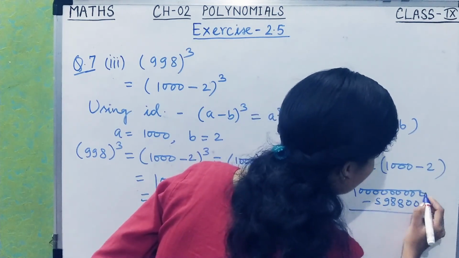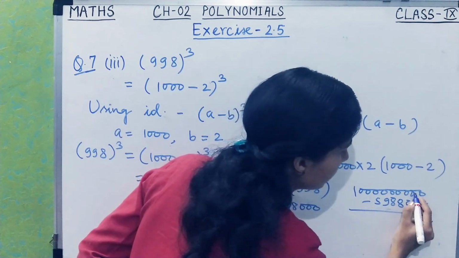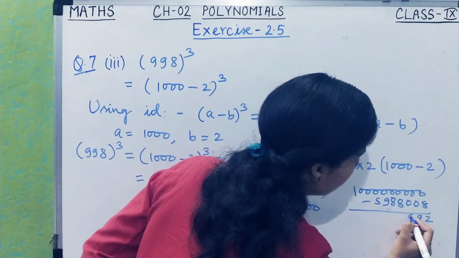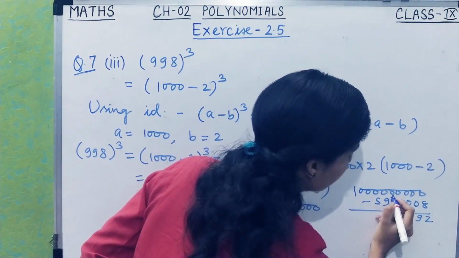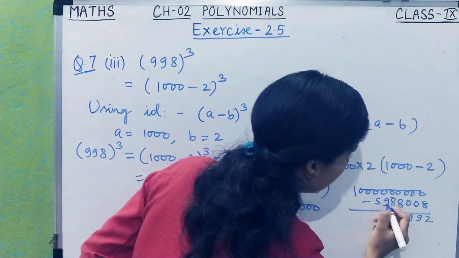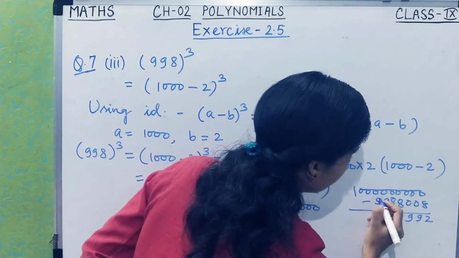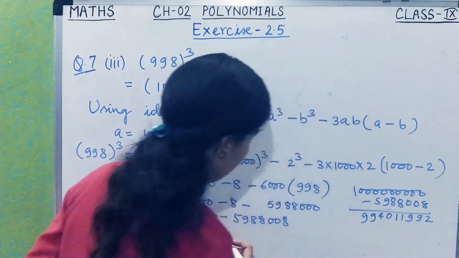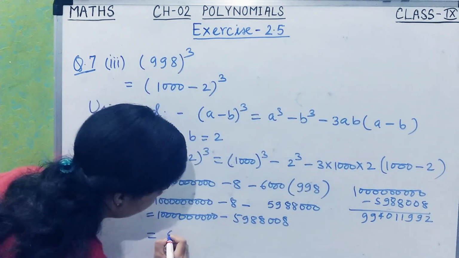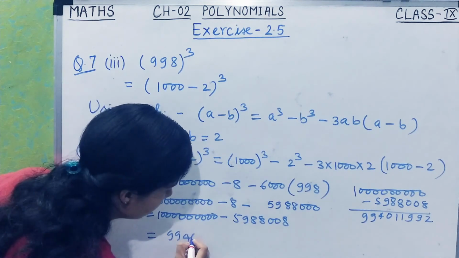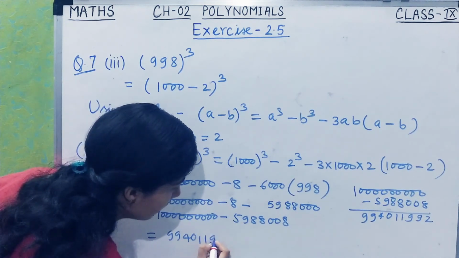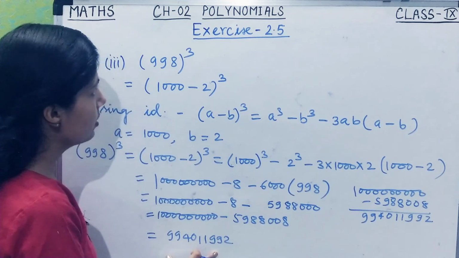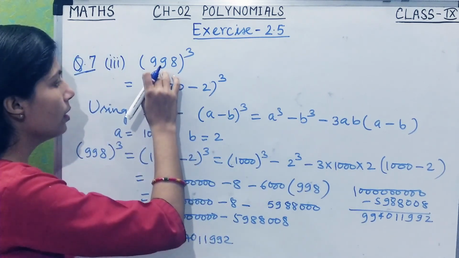Okay, so 10 minus 8 will be 2, here 9, here 9, here 9 minus 8 is 1, 9 minus 8 is 1, 9 minus 9 is 0, and 9 minus 5 is 4, and here 9 and here 9. So answer will be 994011992.